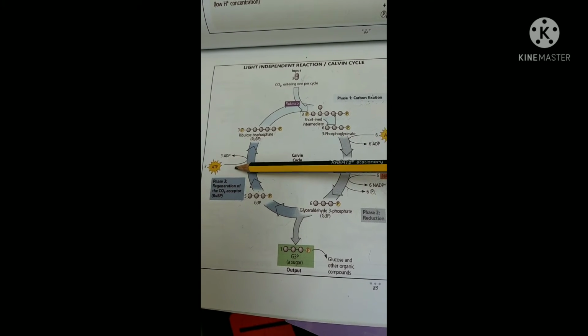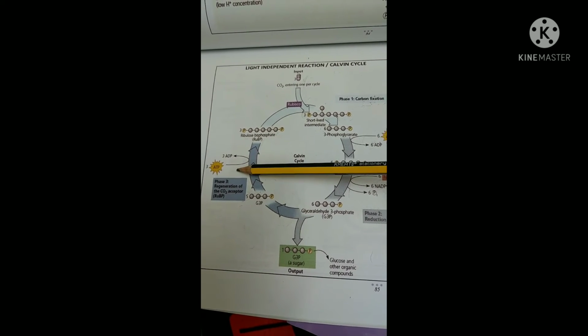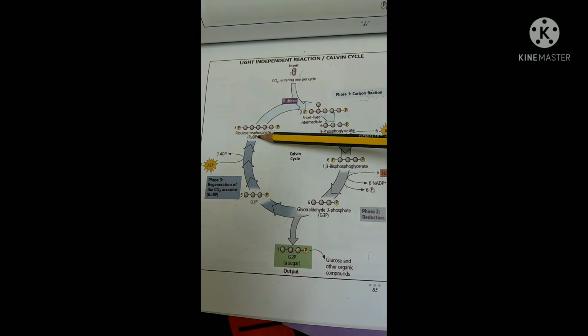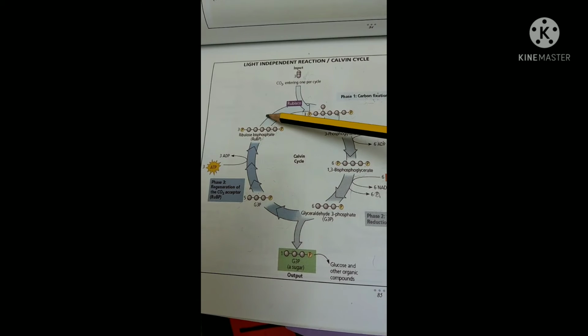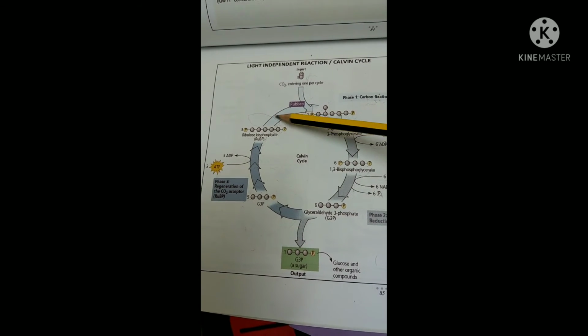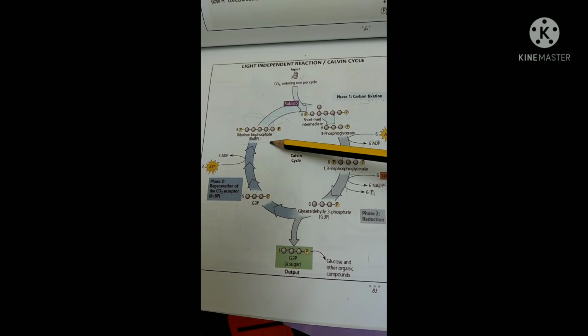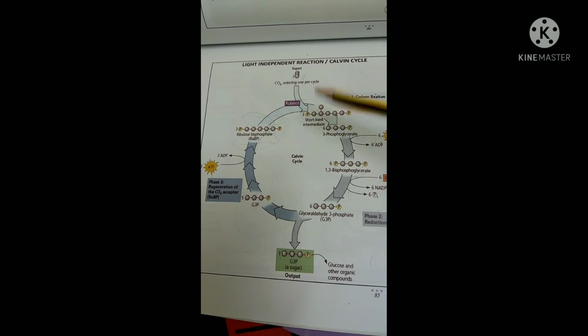Then the reaction will produce 3 moles of RuBP. So now the RuBP is regenerated and is ready to initiate the next cycle.